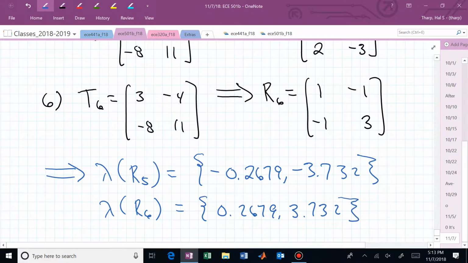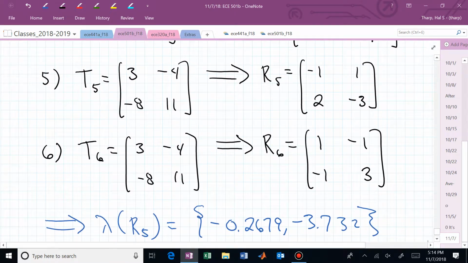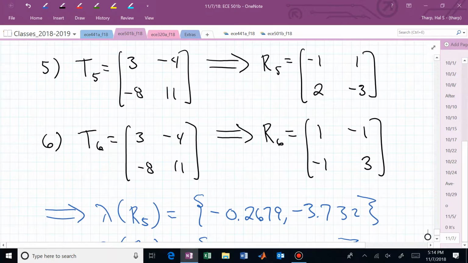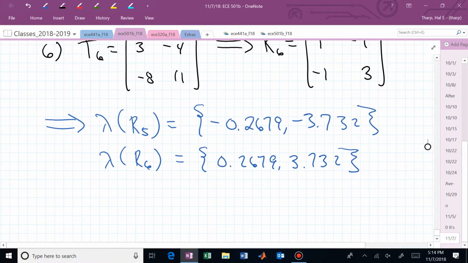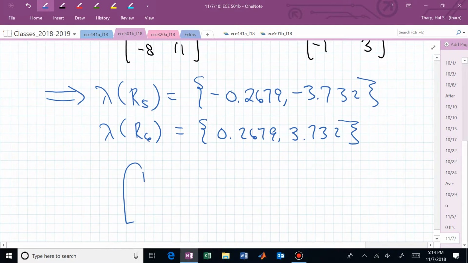Yes? I don't know. Am I sure that R6 is right? So let's look. So let's take, darn, we're not out of time. So let's look. R6 is 1, minus 1, minus 1, 3.